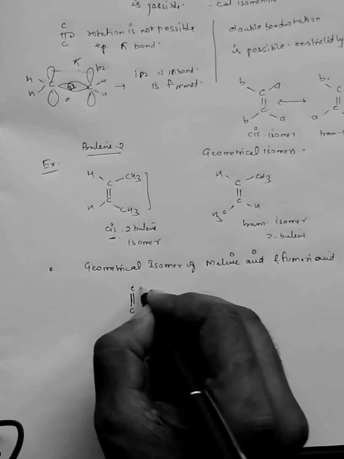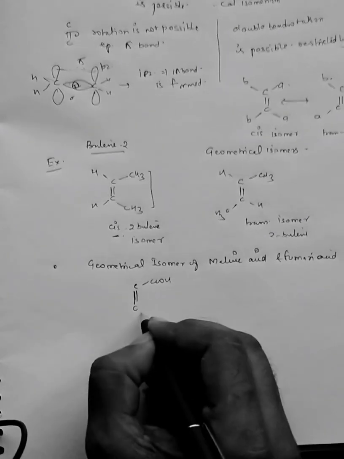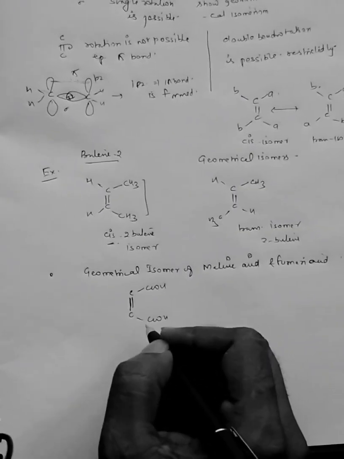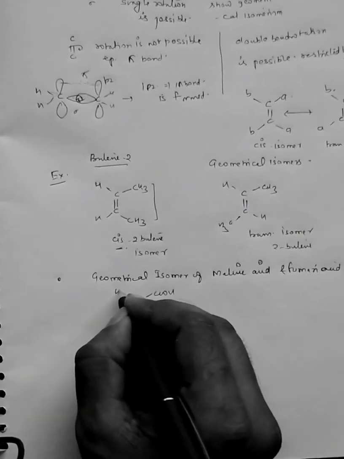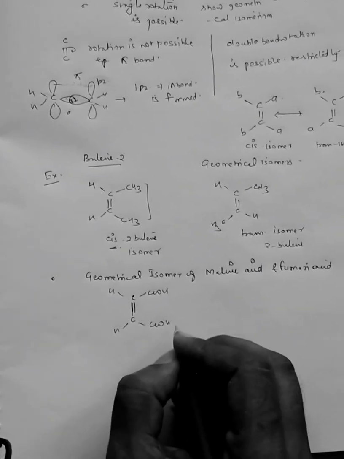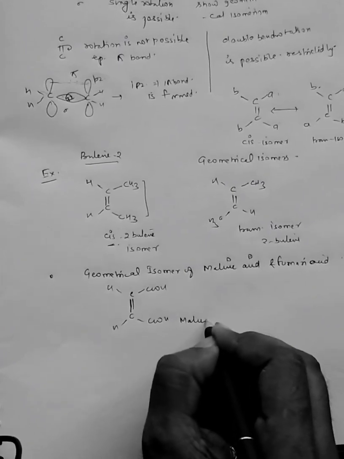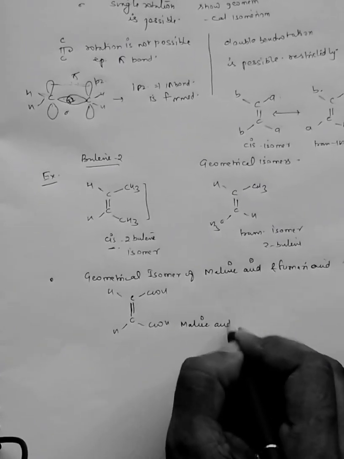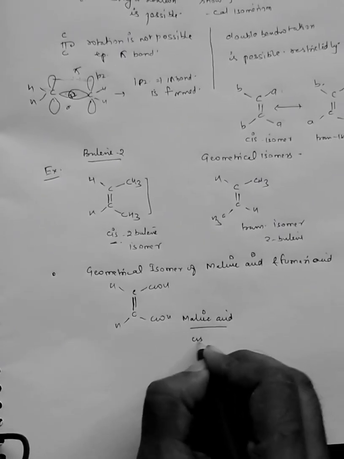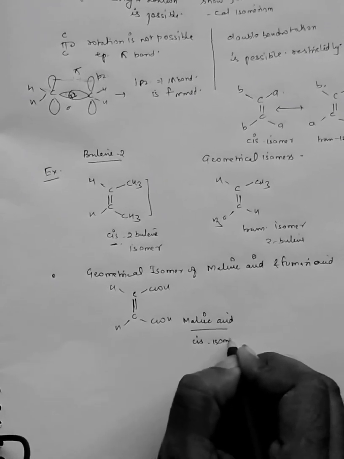In this carbon-carbon double bond, if the COOH groups are present on the same side, then it is called maleic acid, and this is a type of cis isomer.